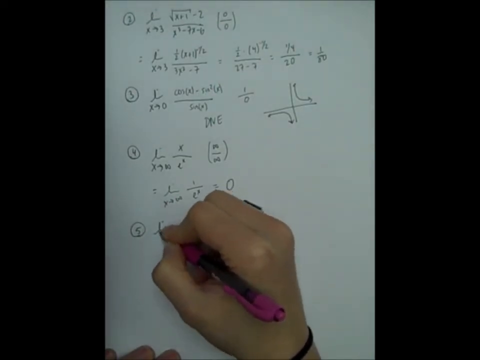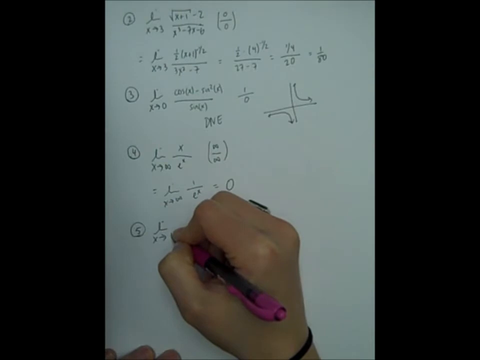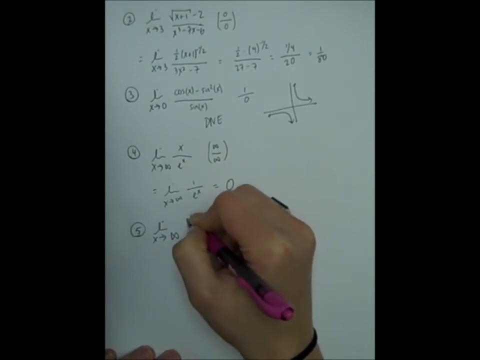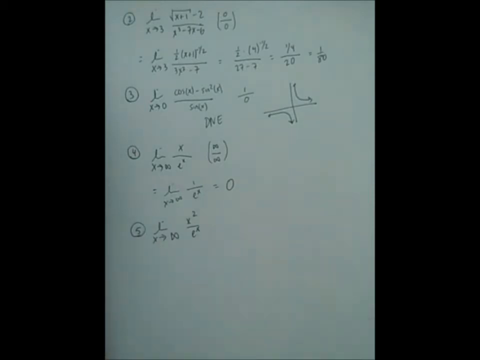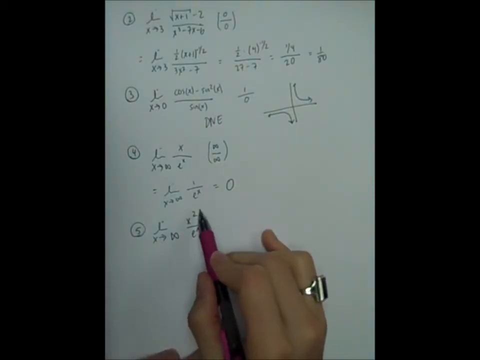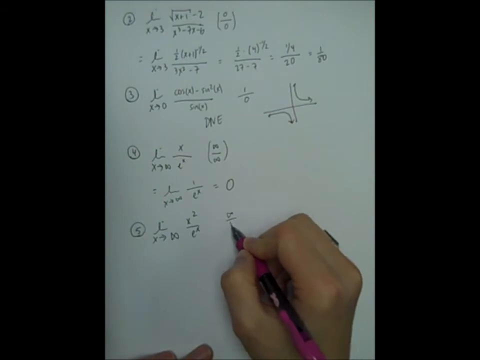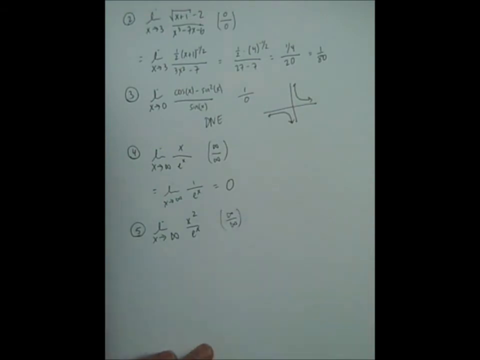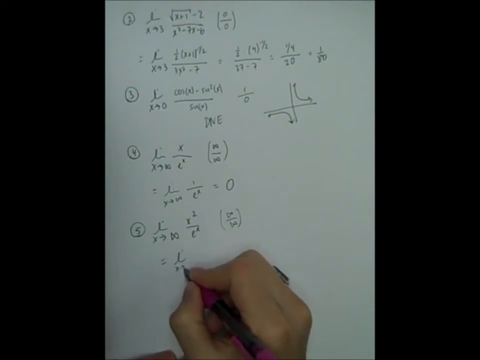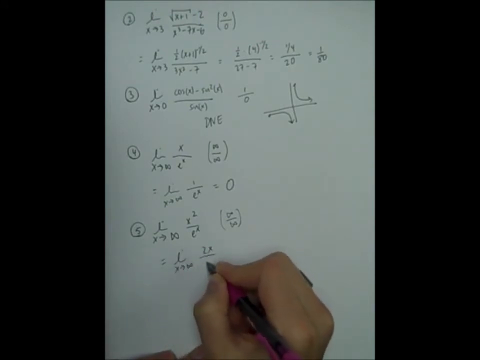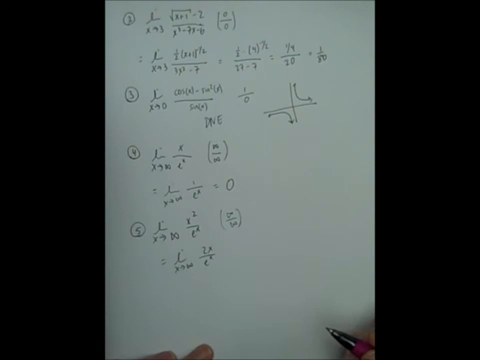How about the limit as x approaches infinity again of x squared over e to the x? Well, again, as I plug in infinity to the top and bottom, I'll get infinity over infinity. So that's one of the indeterminate forms. So I can take the derivatives. So I'll get 2x over e to the x.